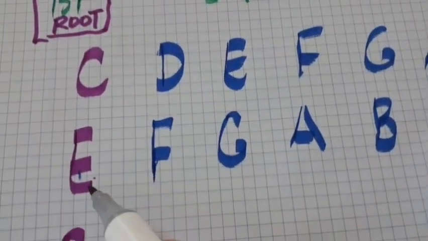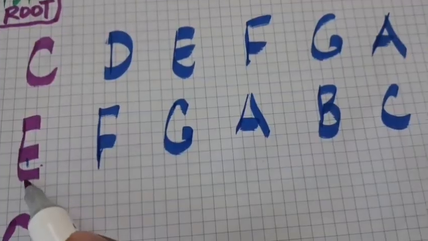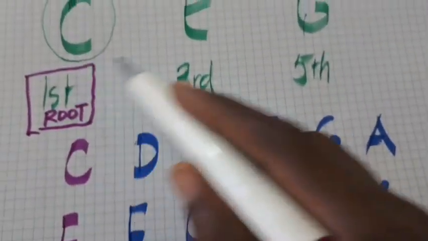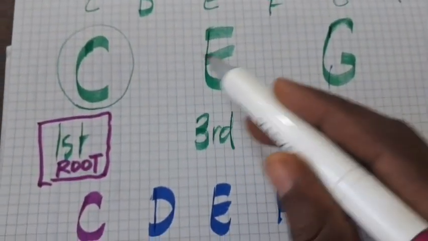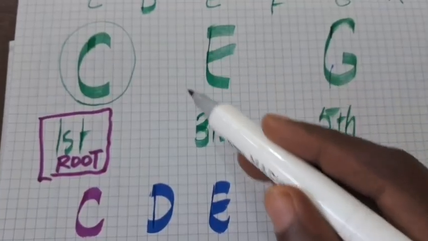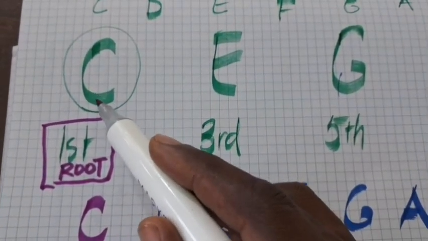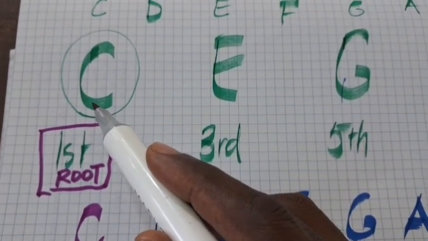Here, E is not our root key, because E is just one of the keys that form the triad of C.